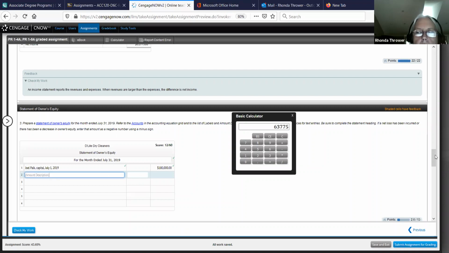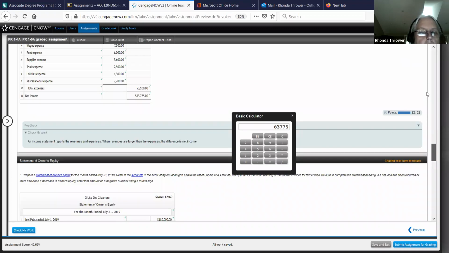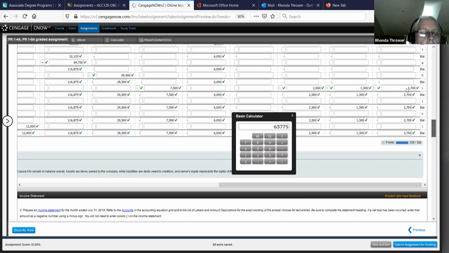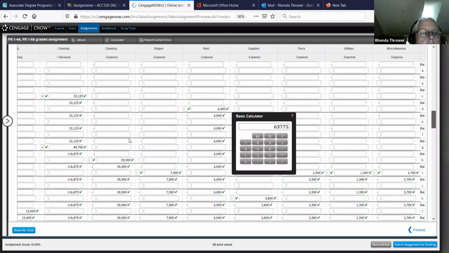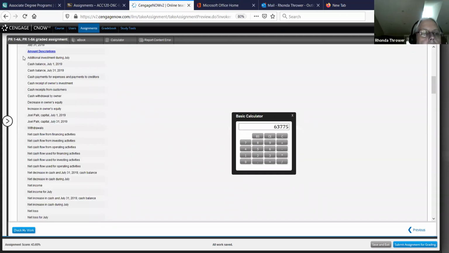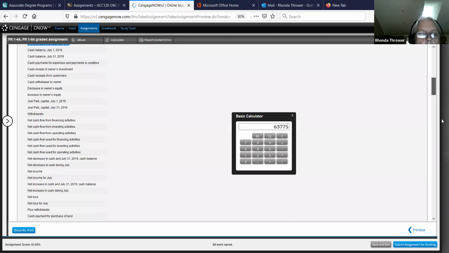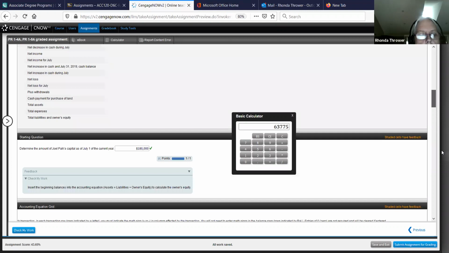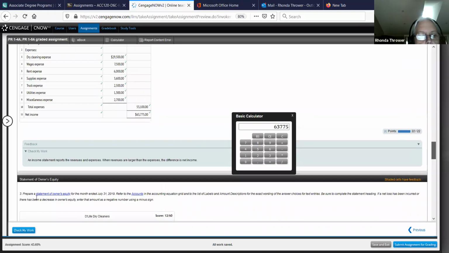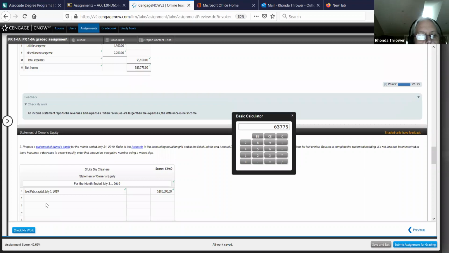And so we want to make sure that we put exactly what they want us to put in for these descriptions. So it's always a good idea to copy and paste. The very first amount description is additional investment during July. We want to know what the additional investment was for the owner. And so that goes in line 2.